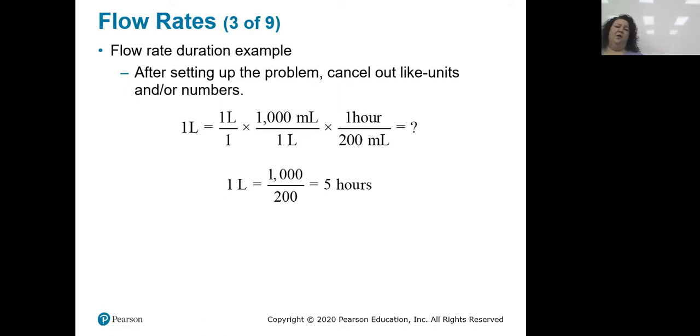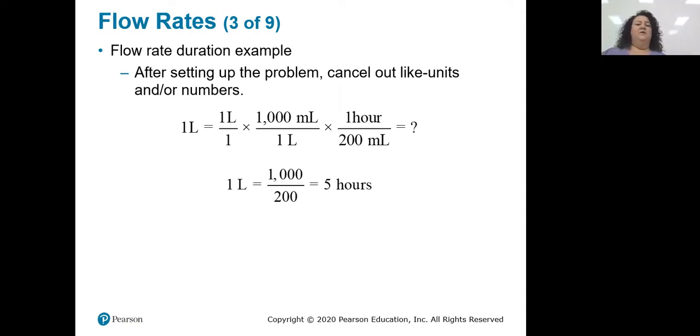So we're setting up the problem, and then we are going to cancel out like units and or numbers. You see we have the 1 liter that we started with over 1. We know that for every 1 liter, we have 1,000 milliliters. So they have 1,000 milliliters over the 1 liter. And our information told us that this was being infused at a rate of 200 ml per hour, and asking us how many hours this was going to last, or how long will the IV bag last.